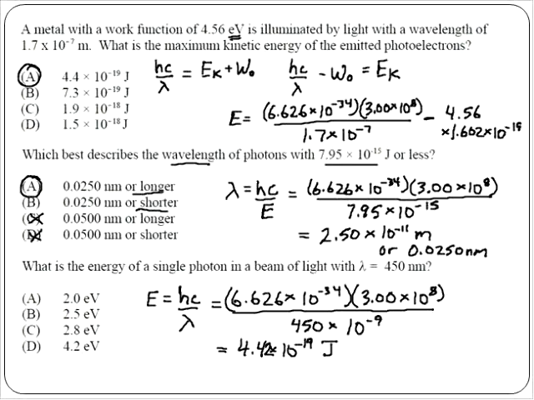So I have to convert my joules to electron volts by dividing by the conversion factor, 1.602 times 10 to the negative 19, and you do that division, you get that answer right there, 2.8 electron volts.